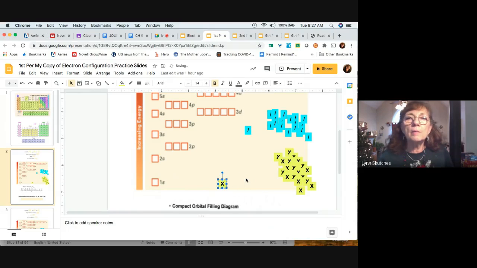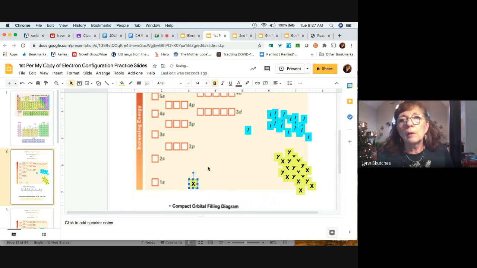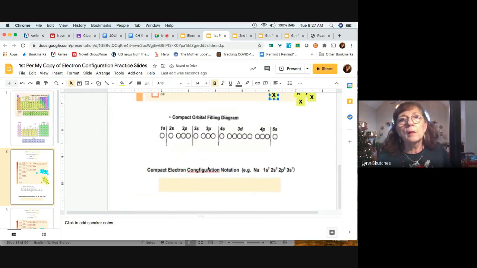And to fill up an orbital, for example, 1, 2, that's 2 electrons. And then these are single slashes. You won't need all of these, but I put a bunch on each page, so there were plenty to go around. Then you can also use those same things for going across on the compact filling.